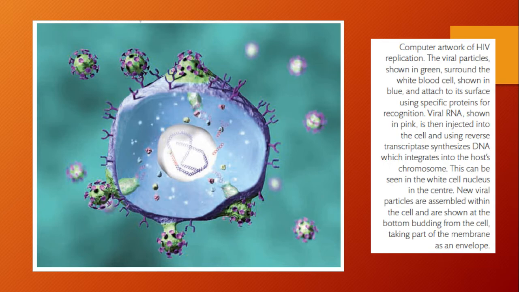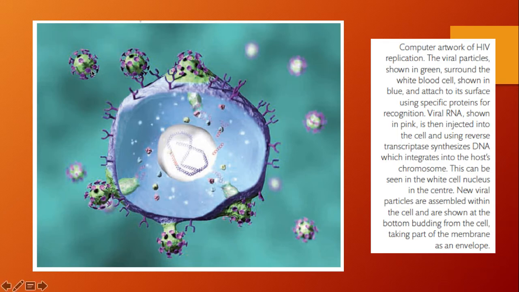Viral RNA, shown in pink, is then injected into the cell and using reverse transcriptase synthesizes DNA, which integrates into the host chromosome. This can be seen in the white cell nucleus in the center. New viral particles are assembled within the cell and are shown at the bottom, budding from the cell, taking part of the membrane as an envelope.